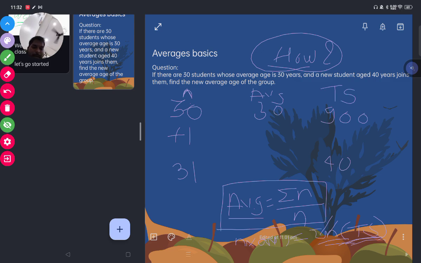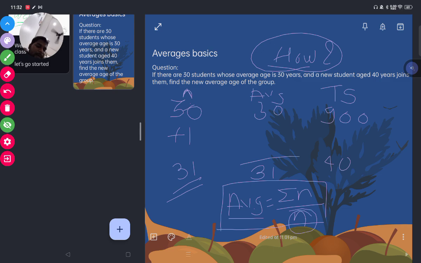Now we have to calculate the new average. For that we need the total summation upon the number of total quantities. The number of quantities is 31, because one student is adding. Already there are 30 students, so with one added it becomes 31. So n is 31.